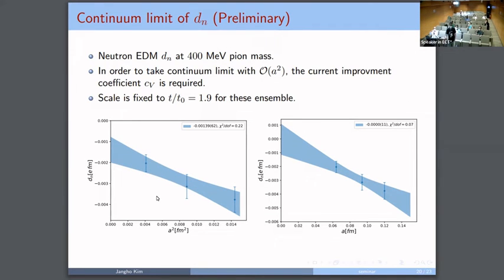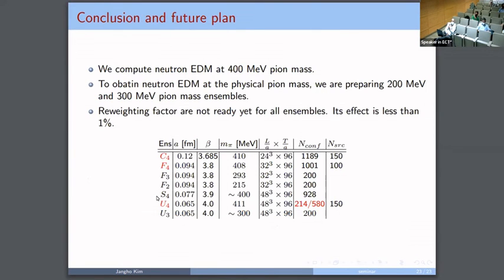So what's next? I mean, how are you going to continue your work? What is the next step? The next step is that we are measuring on this S4 ensemble.